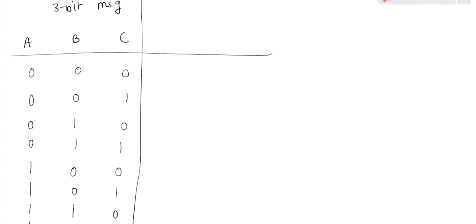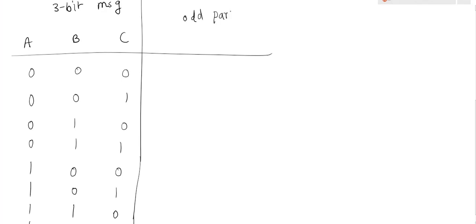But before sending the data, the transmitter adds one extra bit along with the data. Now the data is a 3-bit message, so the 3 bits of actual data are available. Along with that, it adds one more bit.